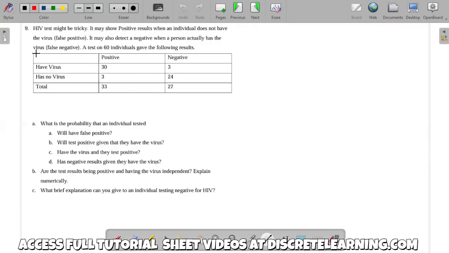So I said whenever you have a two-way classification table, you always have to draw the column and the row for the total. So I'm going to say here we have the row, and there we have the column for the total like that.